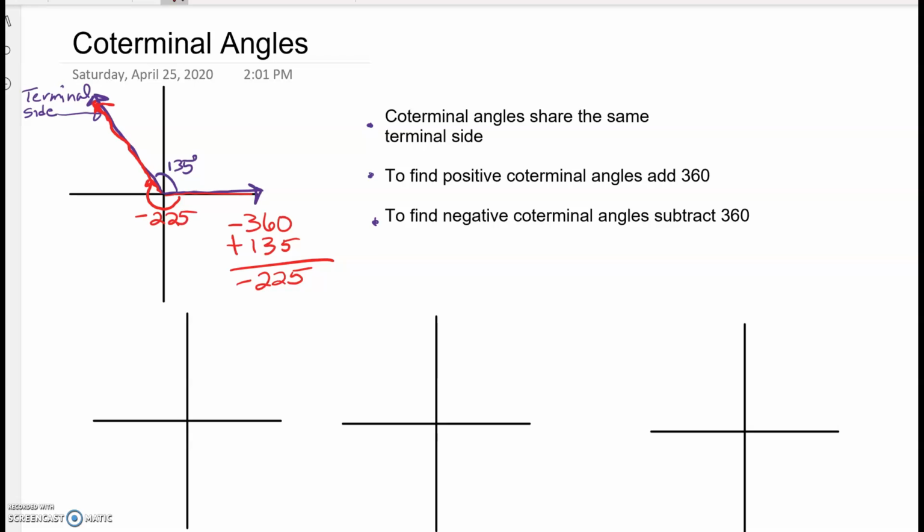So notice over here I said to subtract 360. Well, if I'm adding a negative, that's the same thing as subtracting 360. So I end up with negative 225.